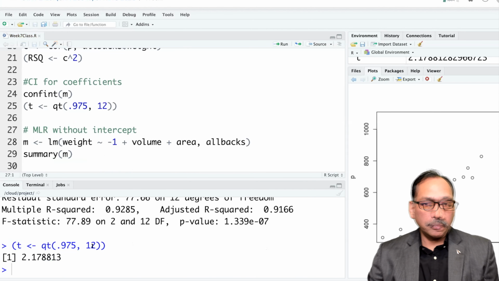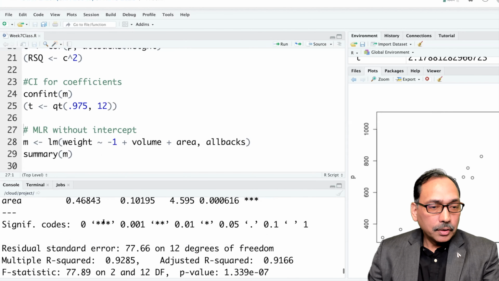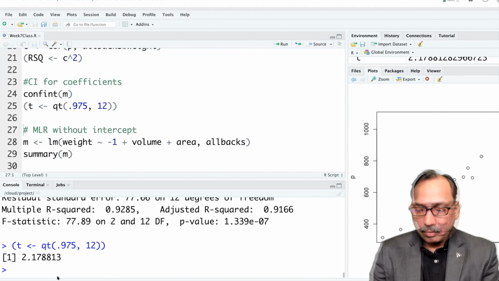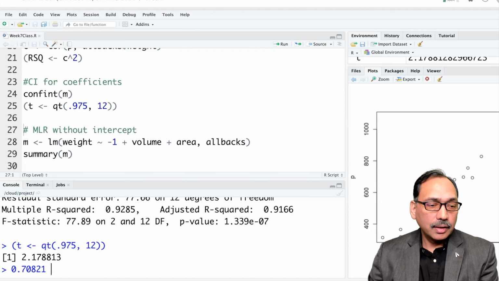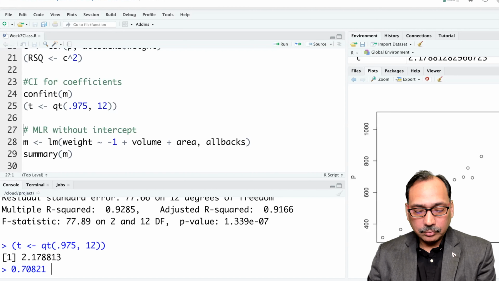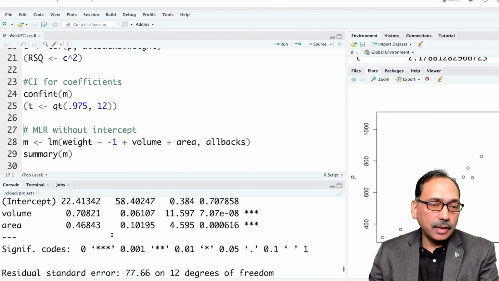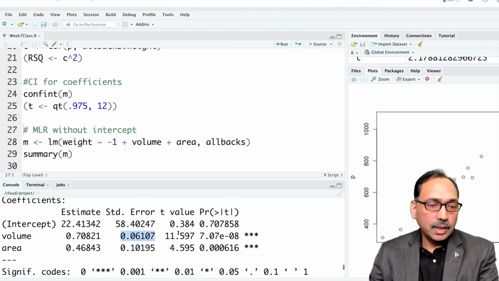So this is my value of T. So we take B1. If I want the lower interval first, then minus this value times the standard error, which is this.